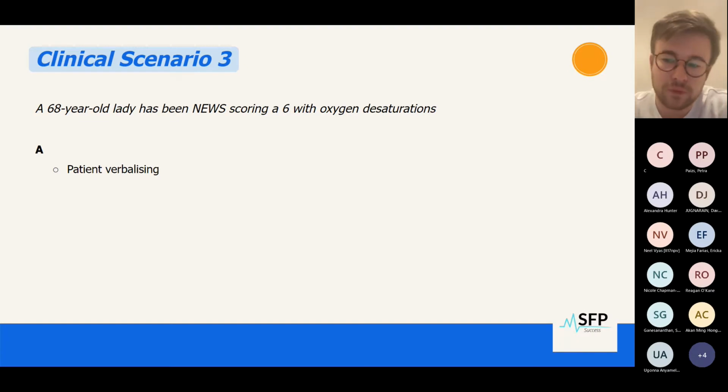Okay, yeah, we can come to that. I think in terms of investigations at this point, if they're desaturating, we can think about doing an ABG, which will give us a better picture of their oxygenation, whether they're retaining CO2, so whether they're in type 1 or type 2 respiratory failure. And we can also think about doing a chest X-ray as well. So we just move on to the next slide.